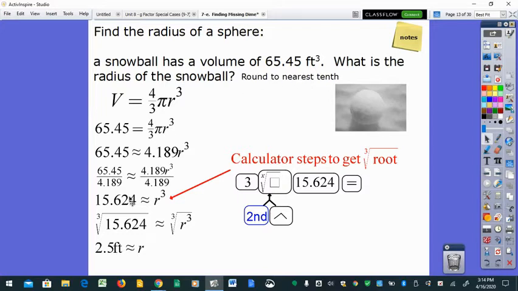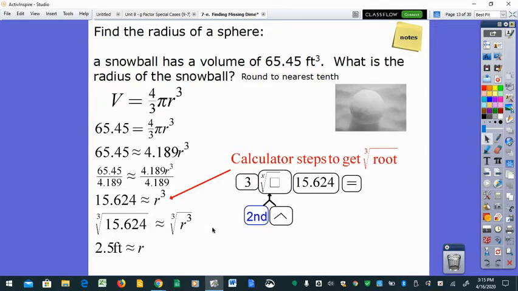I'm going to do that at the end. I'm trying to keep as many places right now. I am not done. That is not the radius of the snowball. That is the radius cubed. Now to undo cubing, I need to not take a square root. I need to take a cube root, which again we also did way back in the fall.